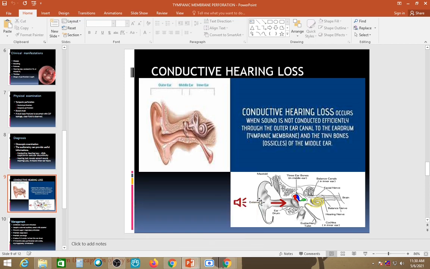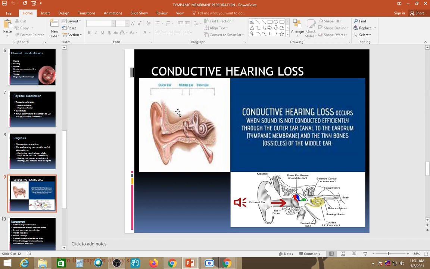You can see from this diagram, the sounds enter through this ear canal, directly into the eardrum. So it is obstructed, and because of that the hearing is lost. So it's called conductive hearing loss. But sensorineural hearing loss is permanent. It affects the cochlea. Okay? So that will be the permanent hearing loss.